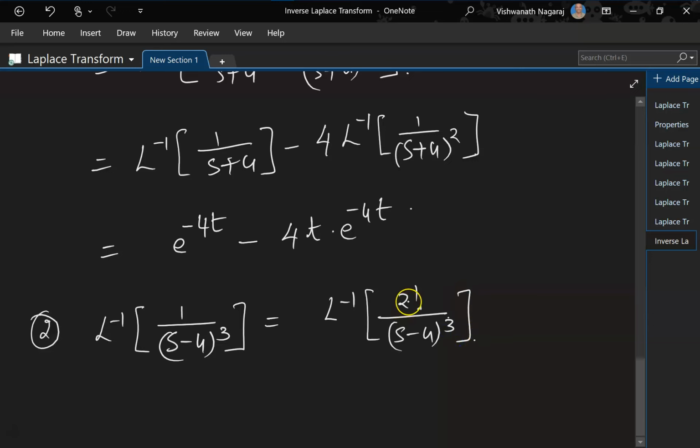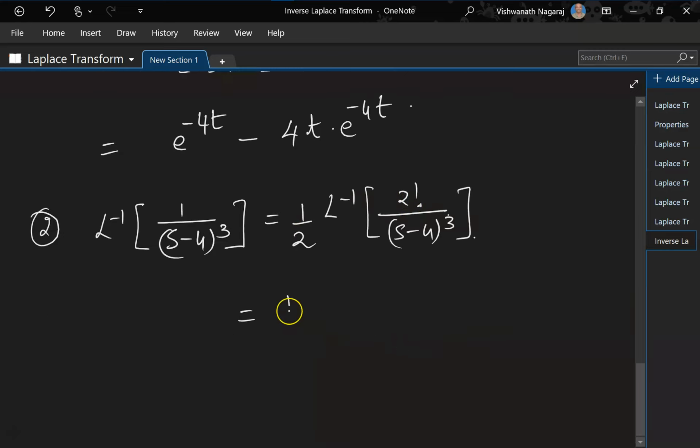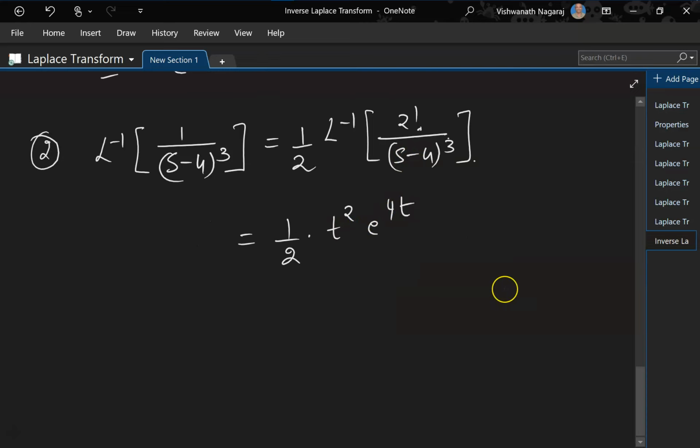But in the numerator we have added 2 now. I have written it as 2 factorial, but that is just to match the pattern. Otherwise, its value itself is just 2. So to neutralize that, I put 1 by 2. So 1 by 2 times, and this is the Laplace transform of t square e to the power of 4t. Just 2 steps. Okay, let's look at the next one.